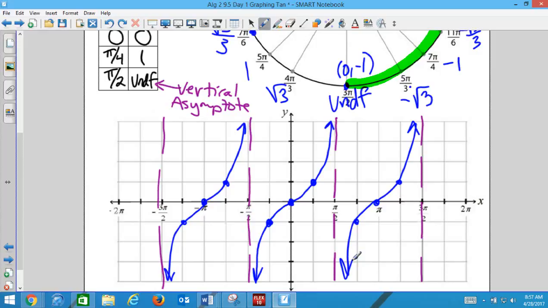That is the tangent graph. When you have it graphed, go to the next page and write down your key points in the table on the next page.